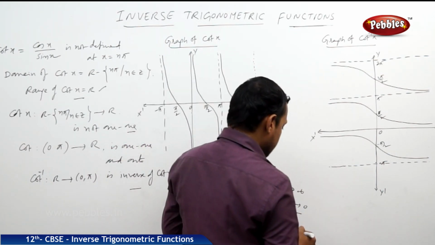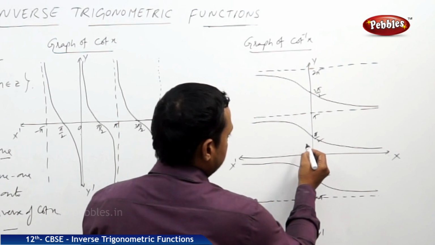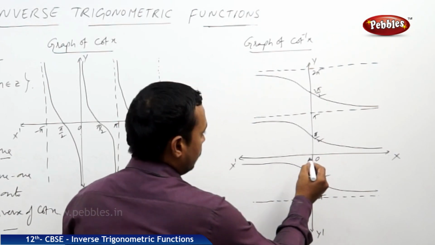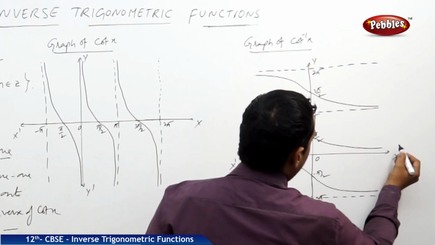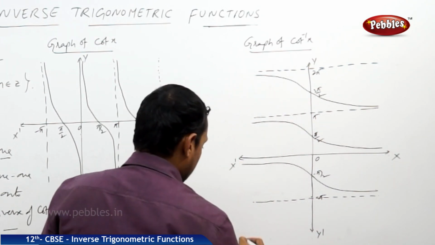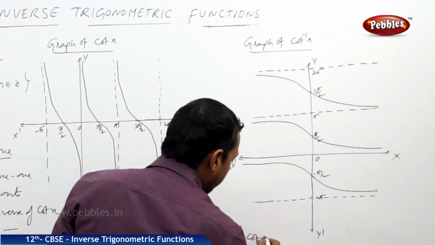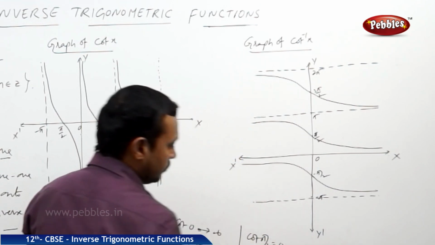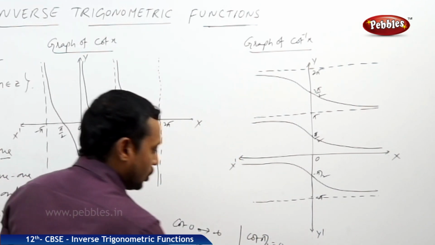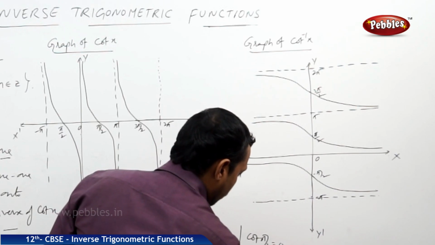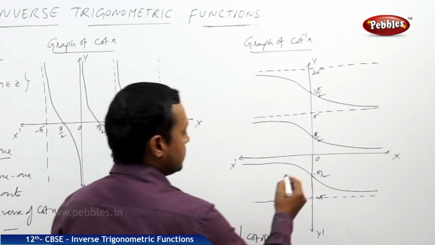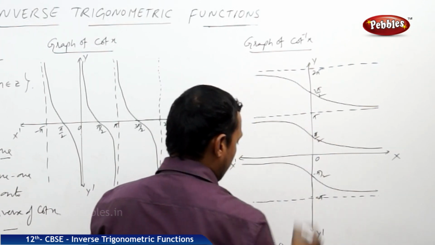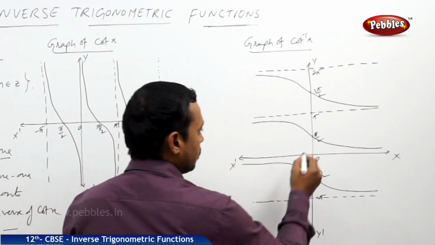So as x tends to infinity, the cot inverse x value tends to 0. Cot pi by 2 is equal to 0, no? We know that cot pi by 2 is 0. Therefore, pi by 2 is equal to cot inverse 0. So at x equal to 0, the cot inverse 0 value is equal to pi by 2.